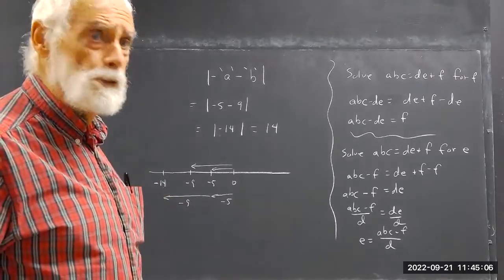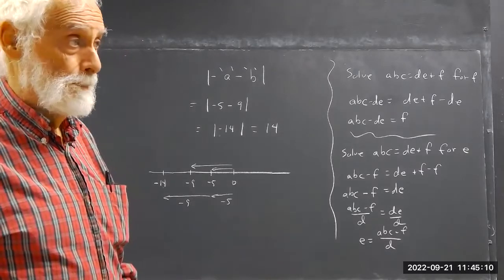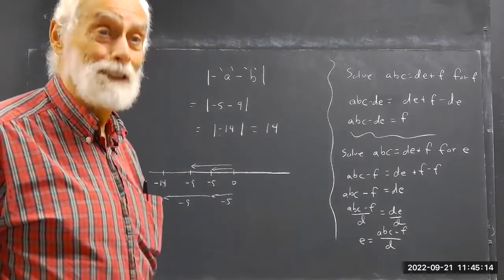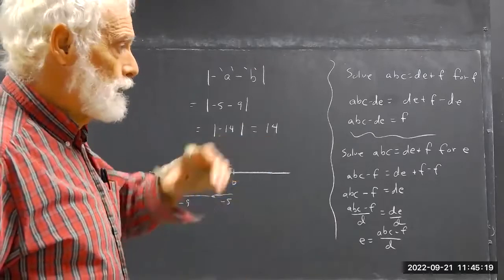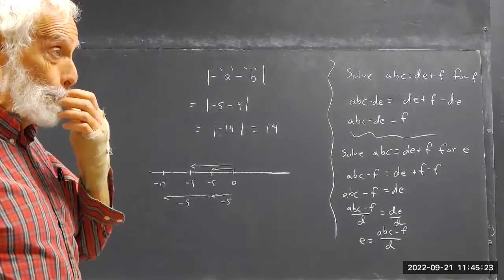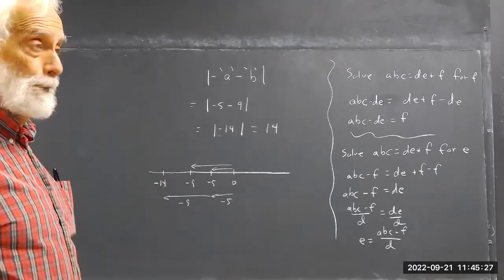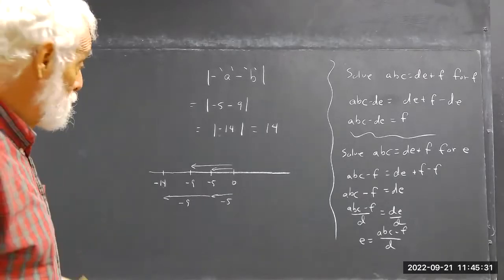You don't have any image of what it means, and you lose track of what things mean. And then you have trouble when you come in to a pre-calculus class or any other class based on math. You don't have any connection with the meaning of the calculation. So you want to develop that connection. Make sure you think about this picture. And if you can't make any sense out of it, let me know. We can talk about it.